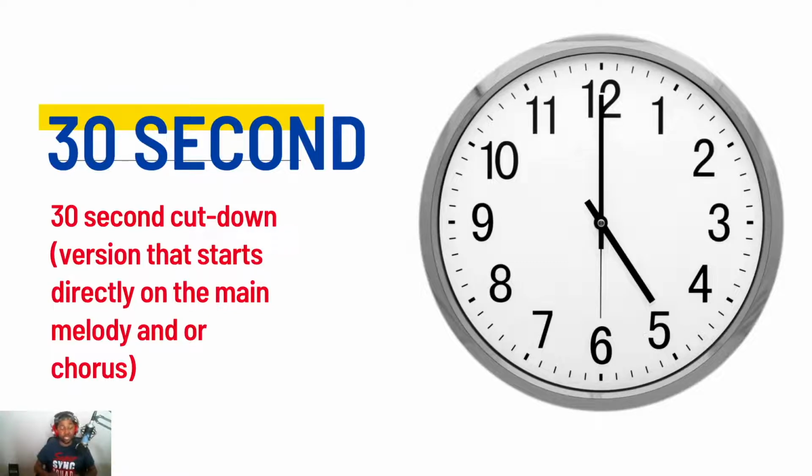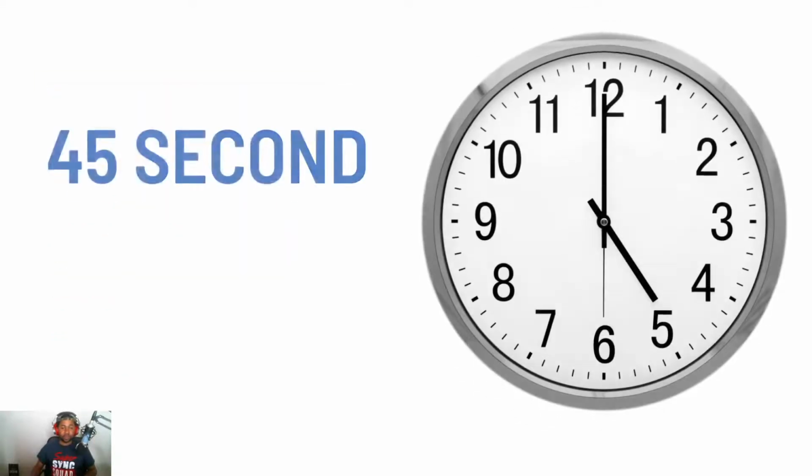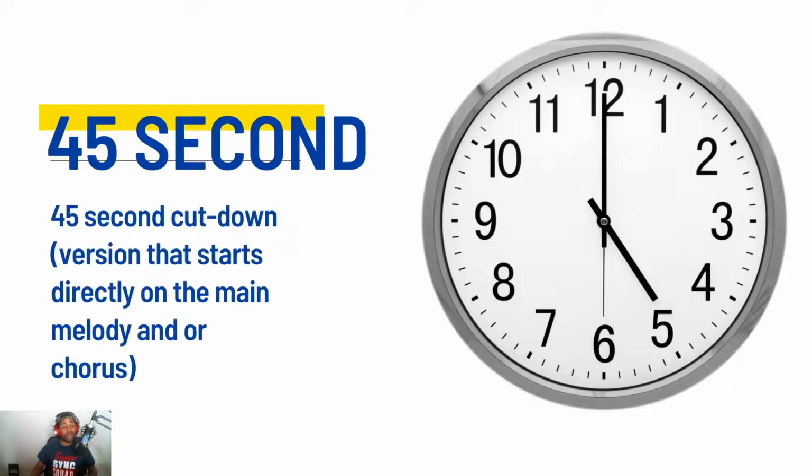When the chorus hits, you go 30 seconds and boom, drop a sting ending. The same goes for the 45-second version, which is equally as popular. You start at the hook, or the main part of your track, go 45 seconds and end it with a sting ending.